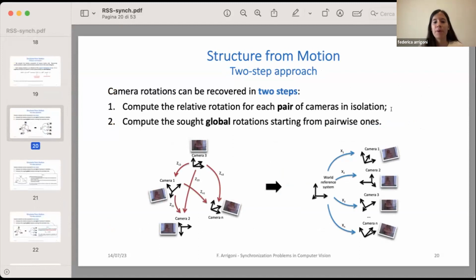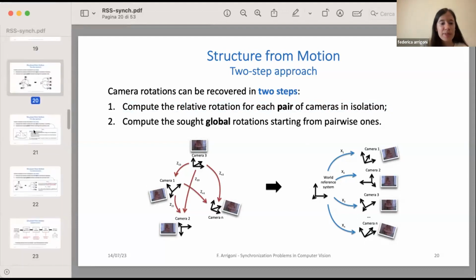In the first step, we can easily recover the rotation between each pair of cameras in isolation. This will produce the measures in our graph that are associated to edges, where each camera is associated to a node. In the second step, we can recover the global rotations associated to each node starting from pairwise ones.